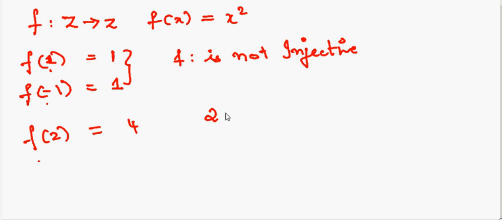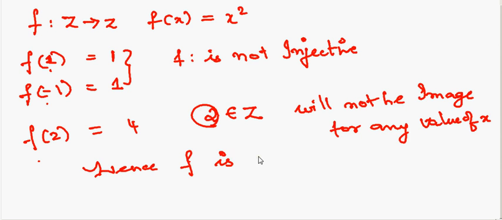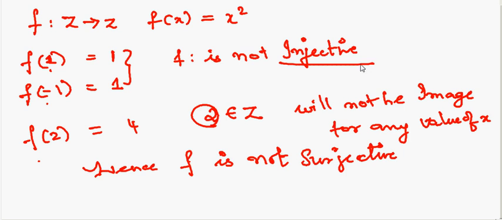But even though 2 belongs to Z, this 2 will not be the image for any value of x. Hence the function f is not surjective. So therefore I can say the given function is neither injective nor surjective.